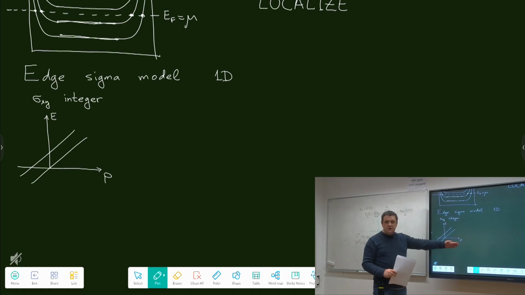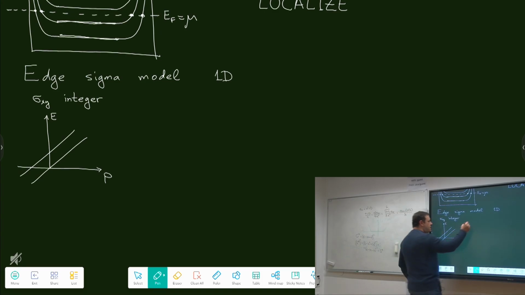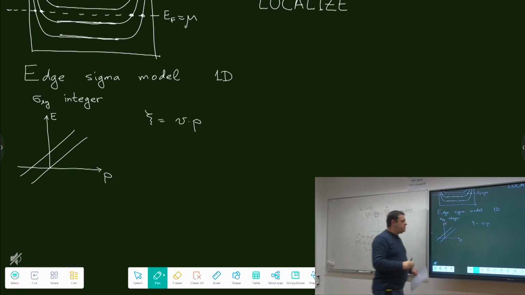Energy is linear in momentum. It's like we had written before, H equals v times p, velocity times momentum. So this picture corresponds to that particular case, but I will study a more general case.